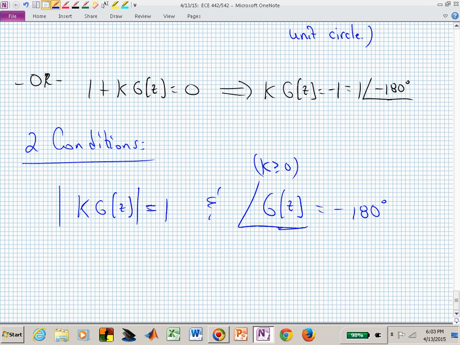In this particular case, if we're looking at values of k for stability, we can start playing with this magnitude condition.